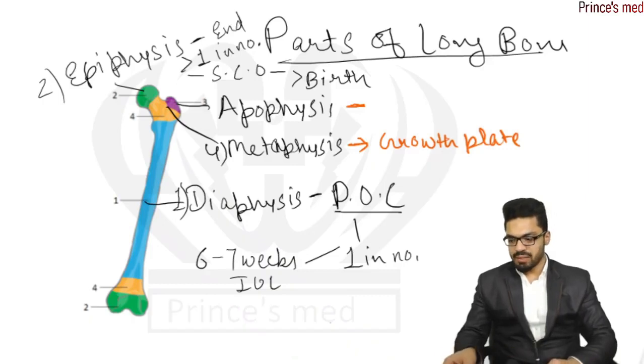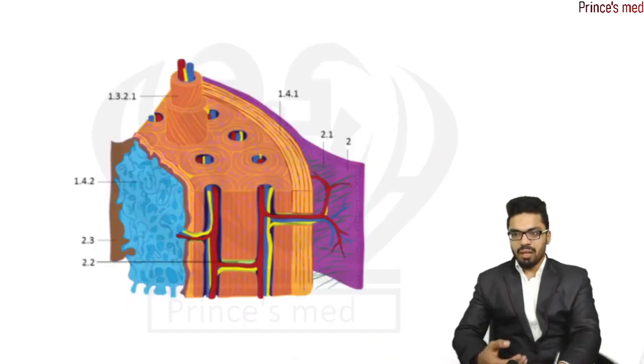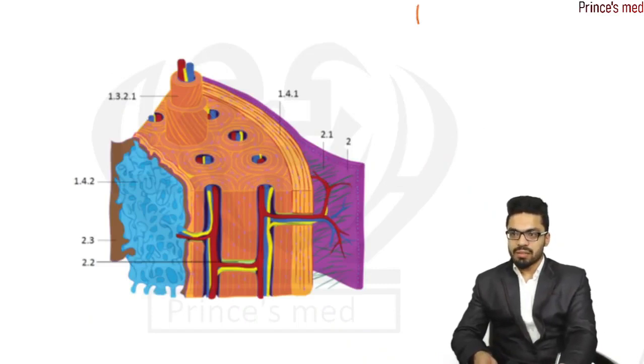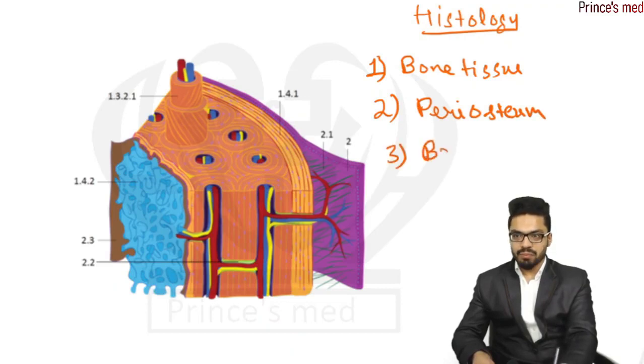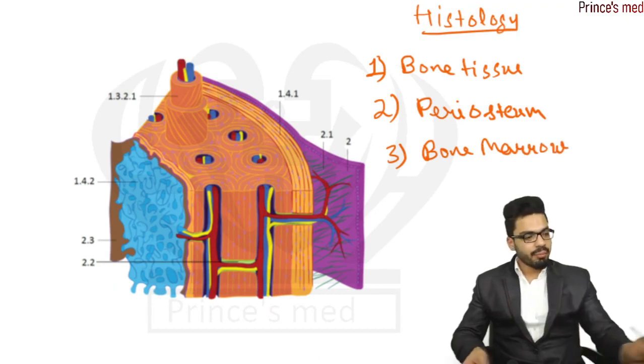And next we will see the histology of bones. Bone is composed of bone tissue, second, periosteum, and bone marrow. So first of all, we will see bone tissue.